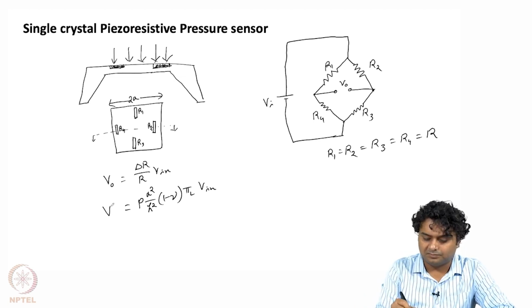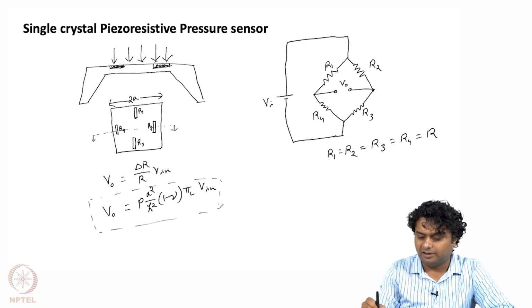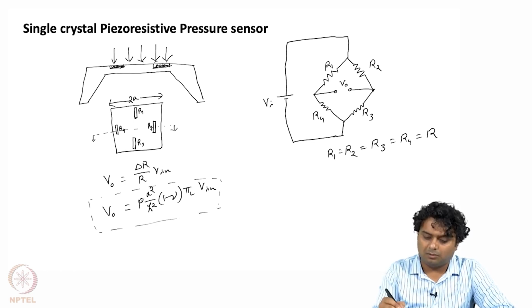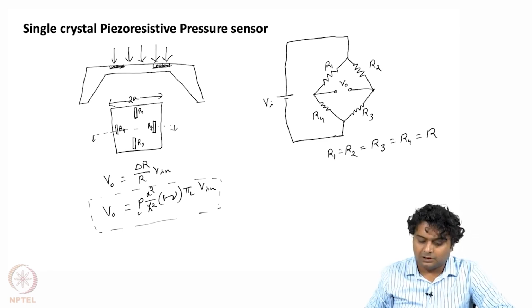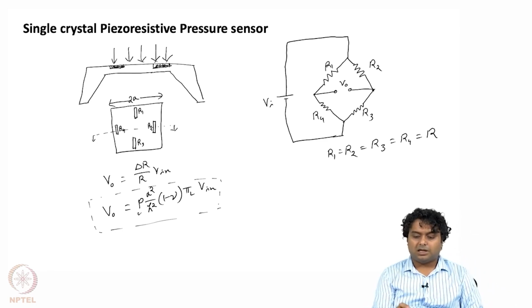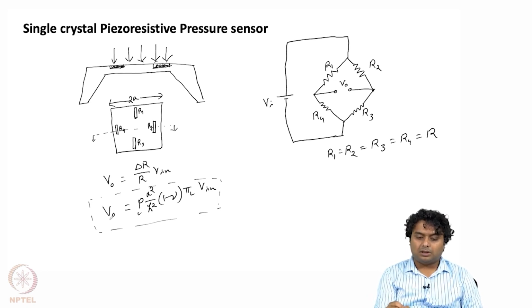So by measuring the output voltage V naught, we can calculate the P. In this expression we are applying V in and then measuring V naught, and using V naught we know how much the pressure is; we can back calculate the pressure.